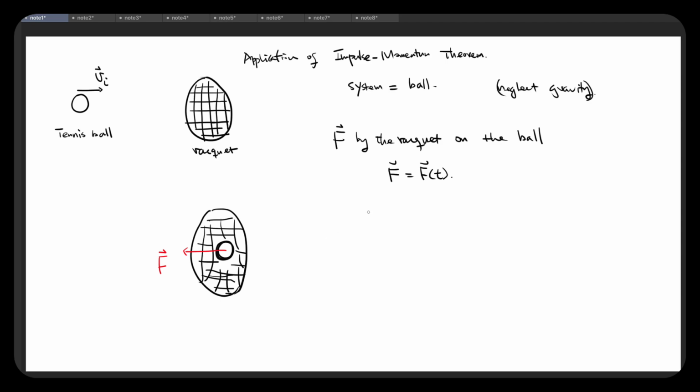So in principle, we can draw a picture for such a force. And it turns out to be this kind of diagram.